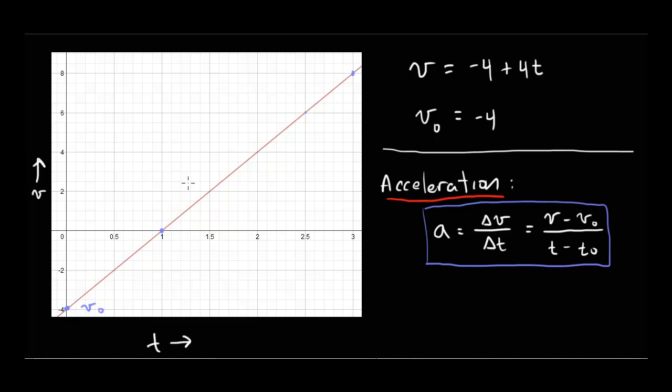I could say that the acceleration is equal to the slope of this line, which in this case, we would take 8 minus negative 4, that's the same thing as 8 plus 4, 12, over 3 seconds, or in this case, positive 4.